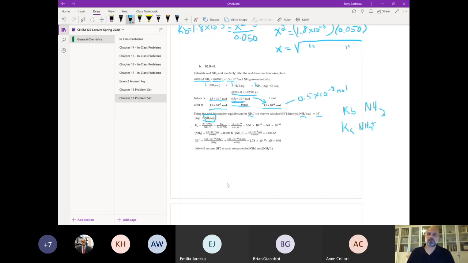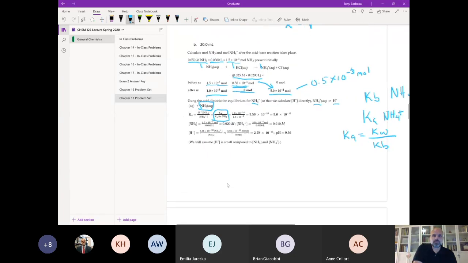Right, and then we know that in order to solve for Ka, Ka is just going to be equal to the Kw divided by the Kb, right? And that's what this part of the equation is here. Let me blow this up.